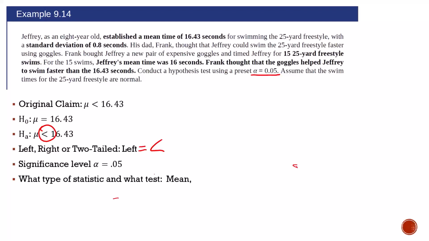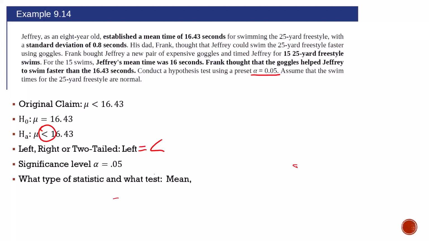Usually the population is very large, right? So Frank is a very intense sports dad. His son is only 8 years old, which means he can't have been swimming for that long. So what has Frank done? He has recorded every single practice of Jeffrey, written those all down, and taken the mean and the standard deviation. The population here is small enough, the population of all the swims without the goggles.